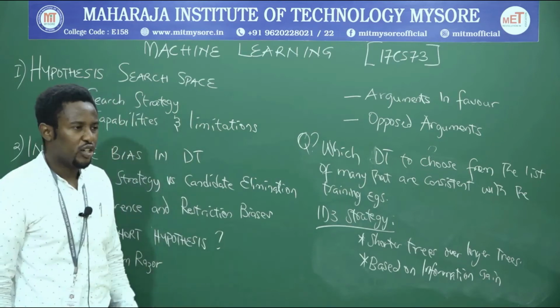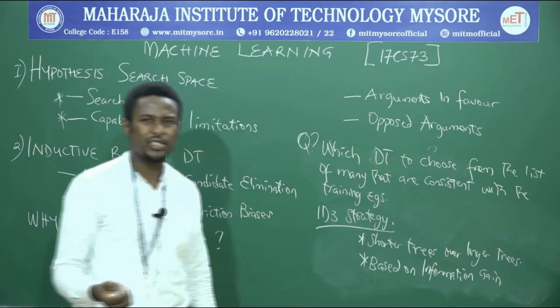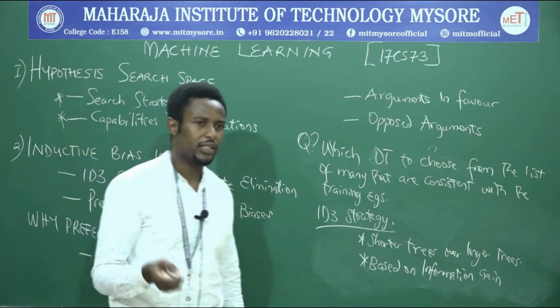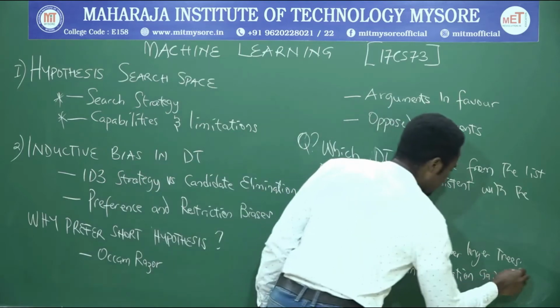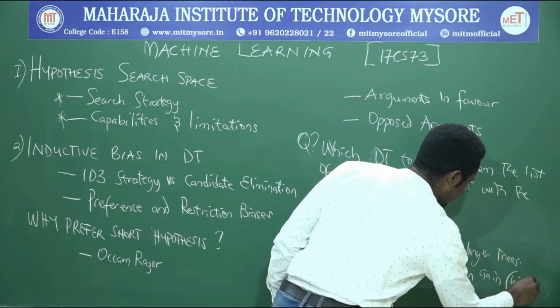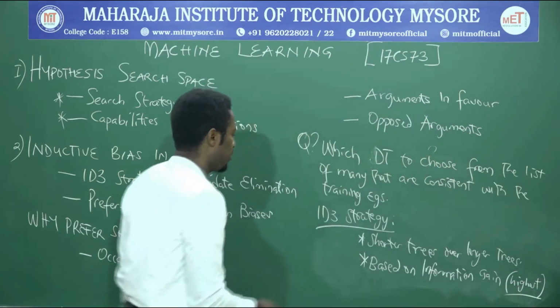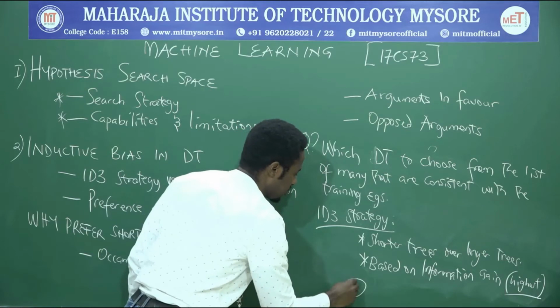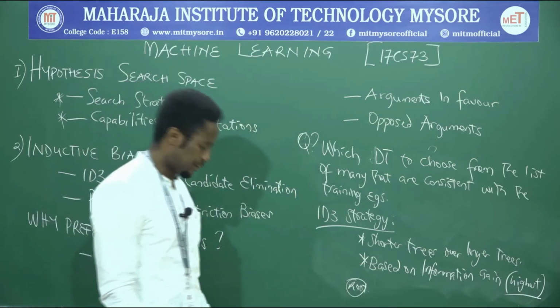So the one that has the highest information gain becomes our root node. The preference must be here, higher information gain, not even higher, highest. We calculated that, right? So the highest information gain, that we place at our root node. That becomes my root node. Done. Fine.